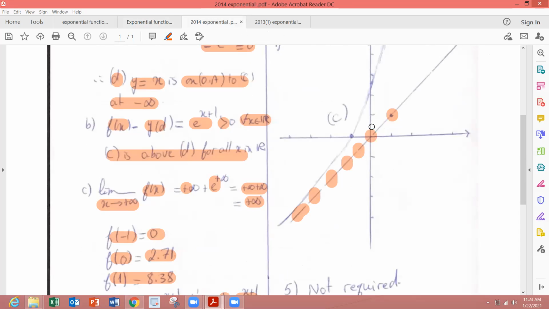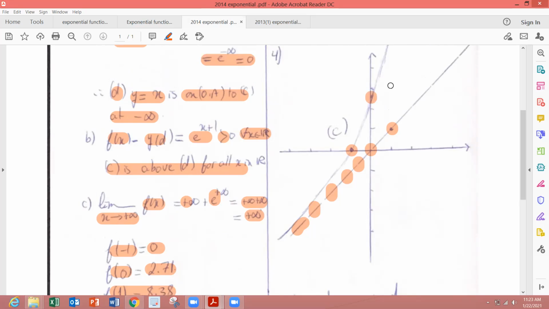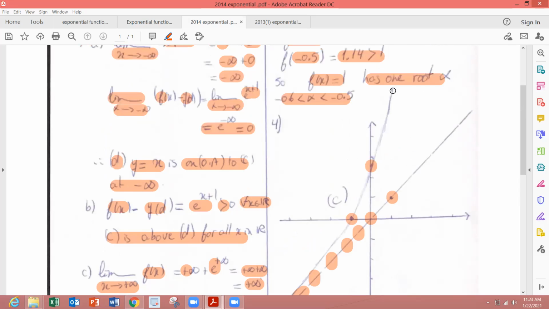Now we have the particular points. F of minus 1 is 0. F of 0 is 2.71, this point. As 0, 2.7, and F of 1 equals 8.3, this point.